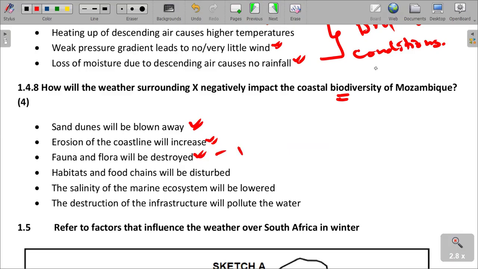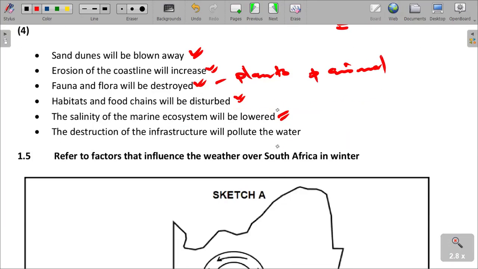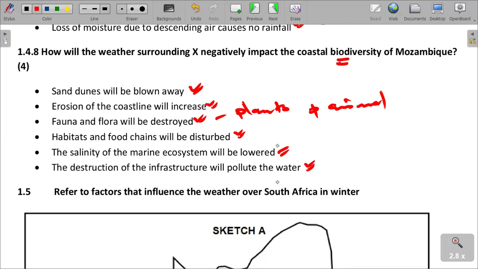We are talking about plants and animals being destroyed. Habitats and food chains will be disturbed. The salinity of the marine ecosystem will be lowered. The destruction of infrastructure will pollute the water. These are the conditions caused by the negative impact of the weather conditions on coastal biodiversity.